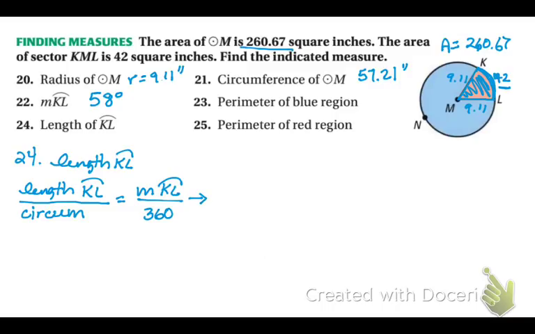So we know our circumference from number 21 is 57.21.